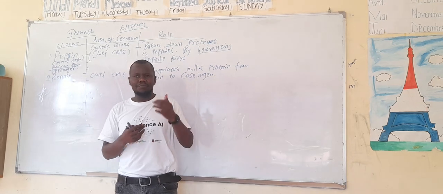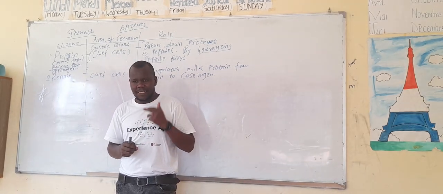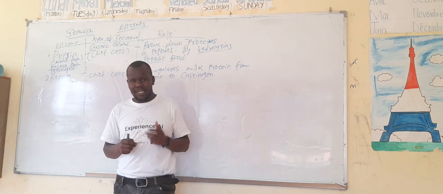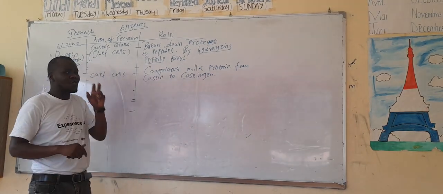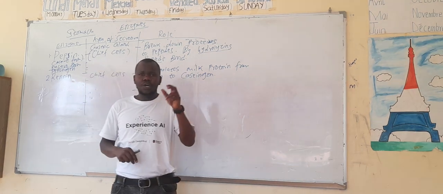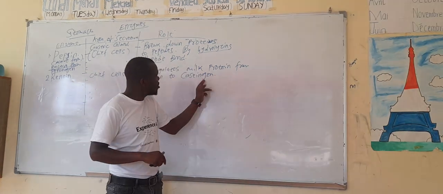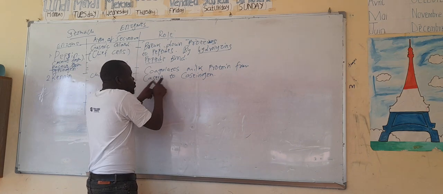Their main diet is milk from their mothers, and this milk cannot be broken down by pepsin directly. It has to be coagulated by renin, secreted by the chief cells. So renin coagulates the milk protein from casein to caseinogen.